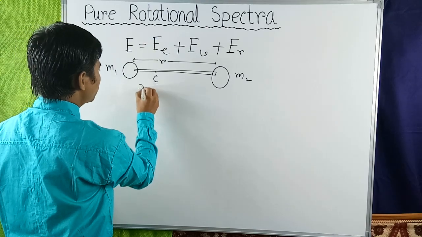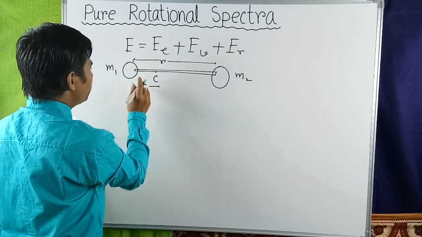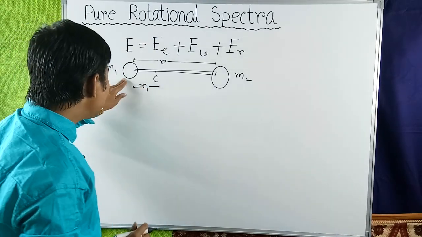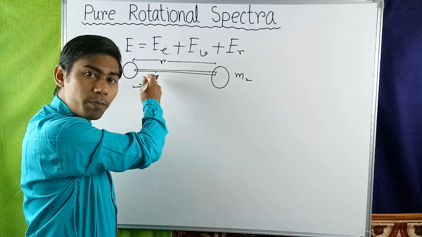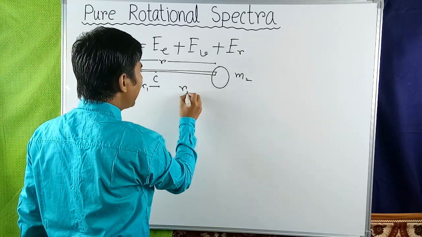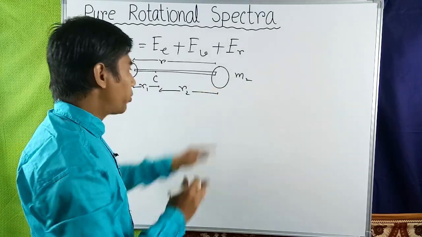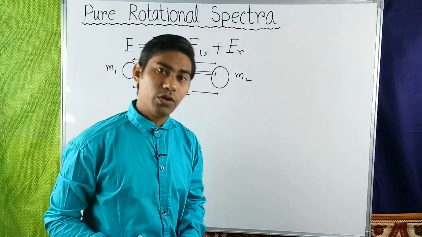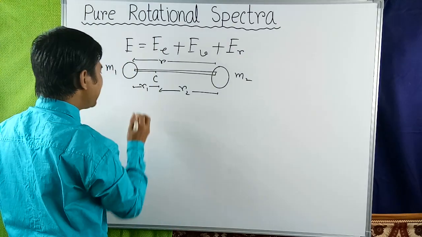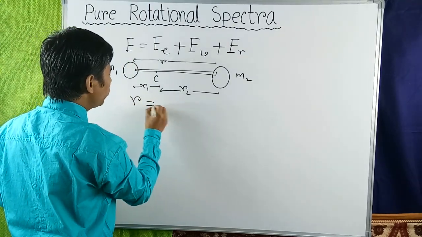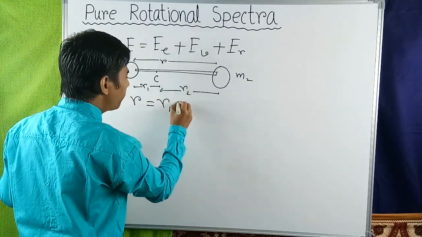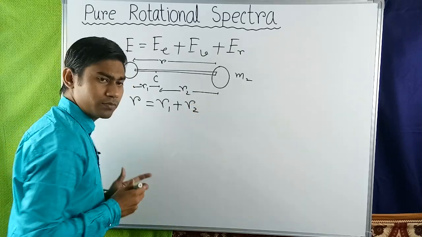Suppose r1 is the distance of the first atom from the center of mass, and r2 is the distance of the second atom from the center of mass. So we may write r = r1 + r2.